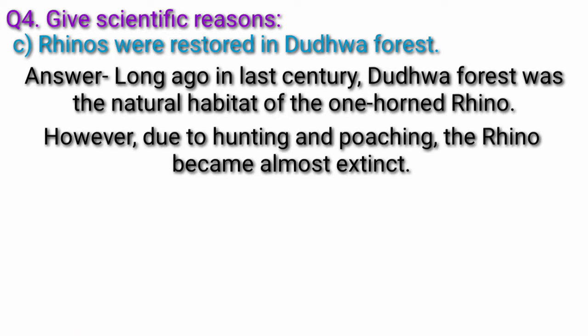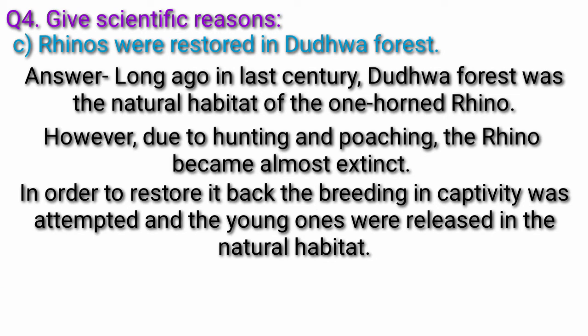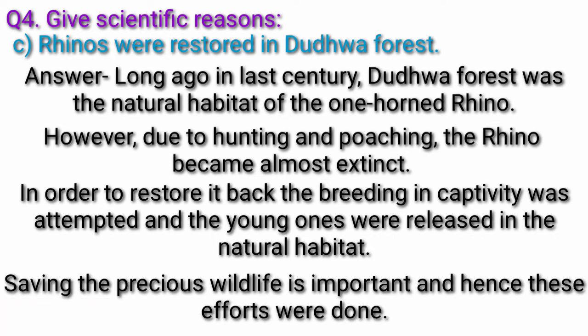However, due to hunting and poaching, the rhino became almost extinct. In order to restore it, breeding in captivity was attempted and the young ones were released in the natural habitat. Saving the precious wildlife is important and hence these efforts were made.